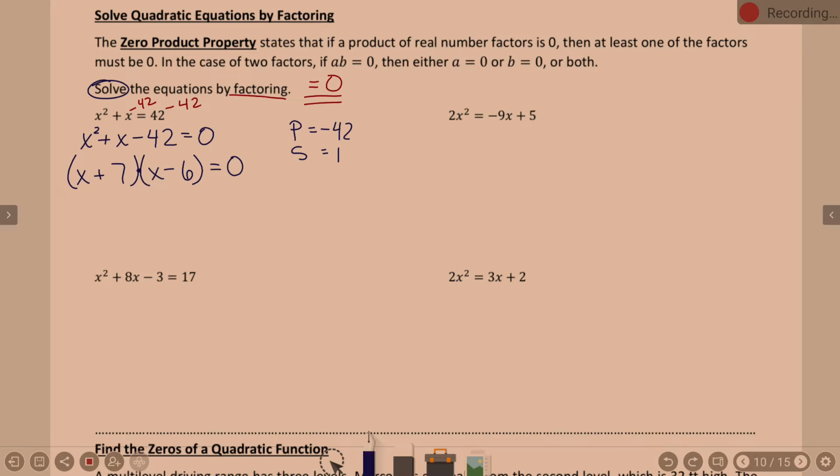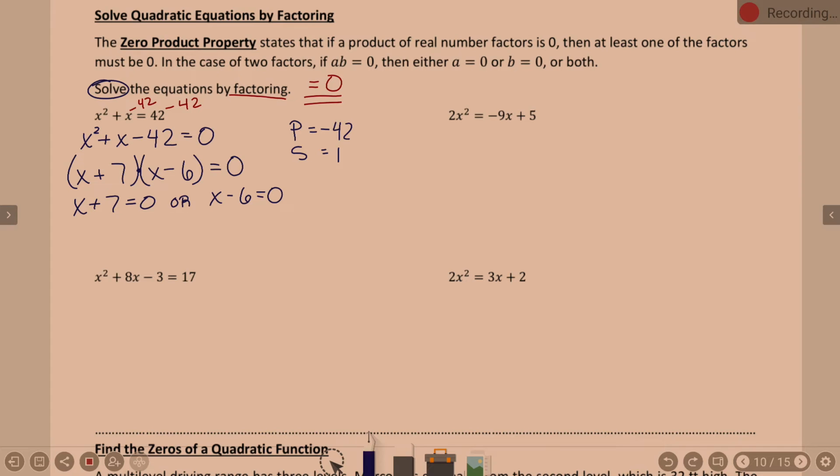Not just x equal to 0, but the entire factor. So what I know is that either x plus 7 has to equal 0, or x minus 6 has to equal 0. Or who knows, maybe both do.